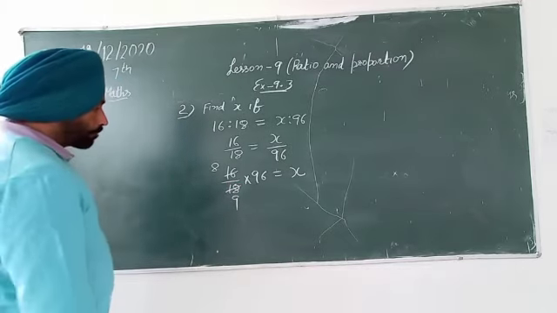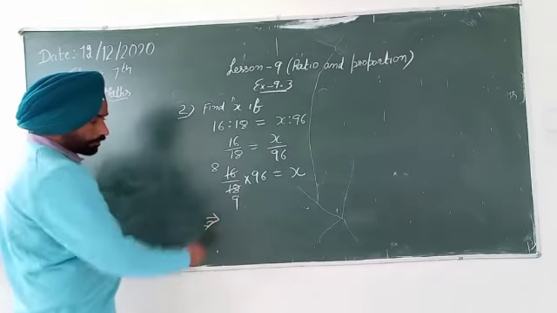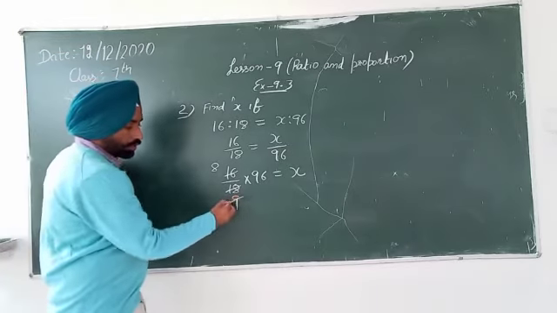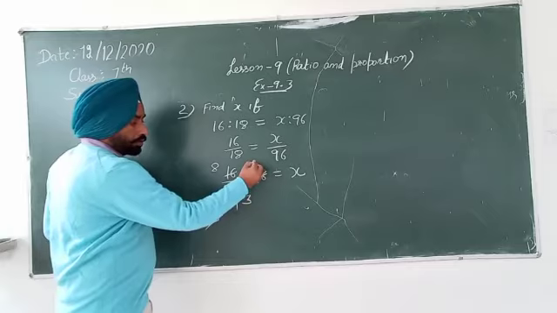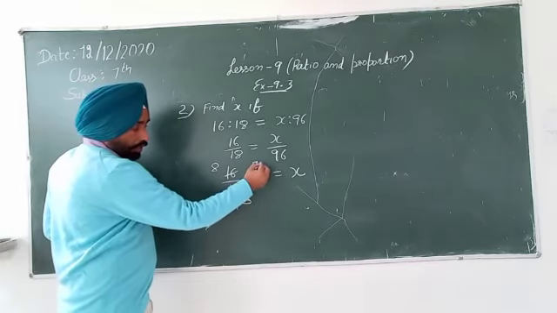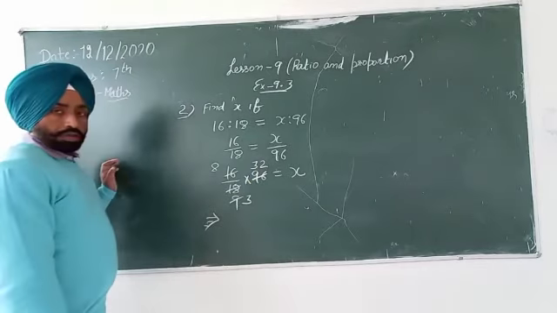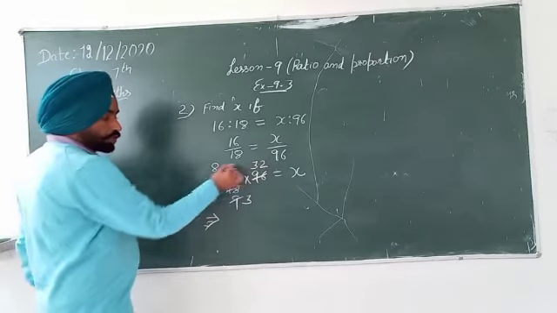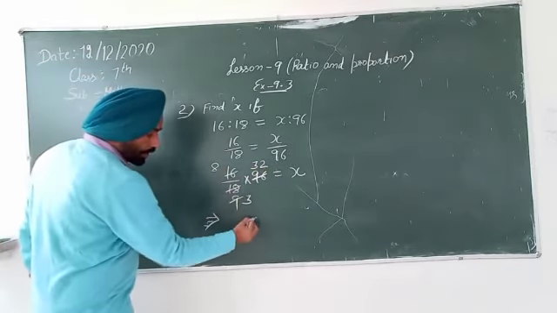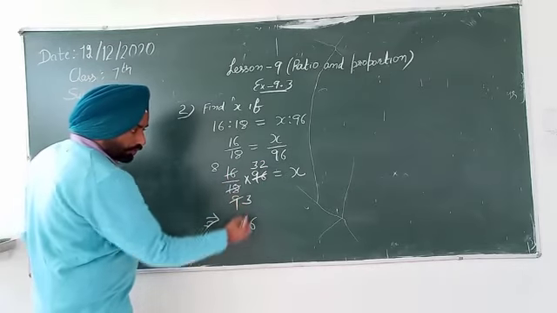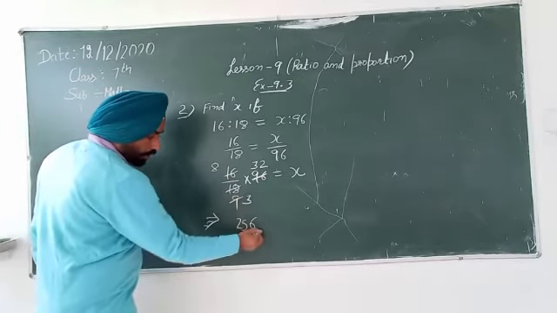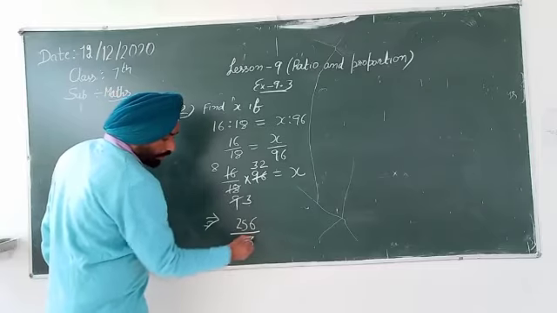Cancel: 8 2s are 16, 9 2s are 18. Next we can cancel by 3: 3 3s are 9, 3 3s are 9, and 3 2s are 6. So what is left? 32 into 8: 8 into 2 is 16, 8 into 3 is 24, and 1 carried is 25, upon only 3 left.